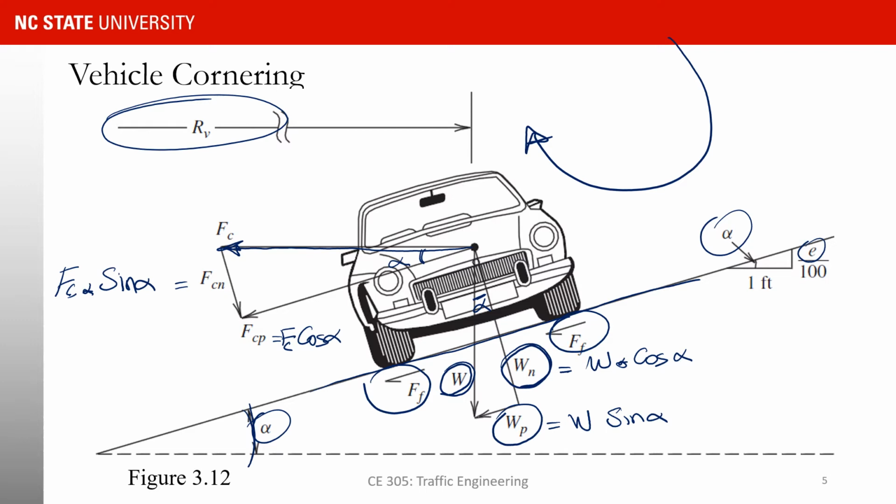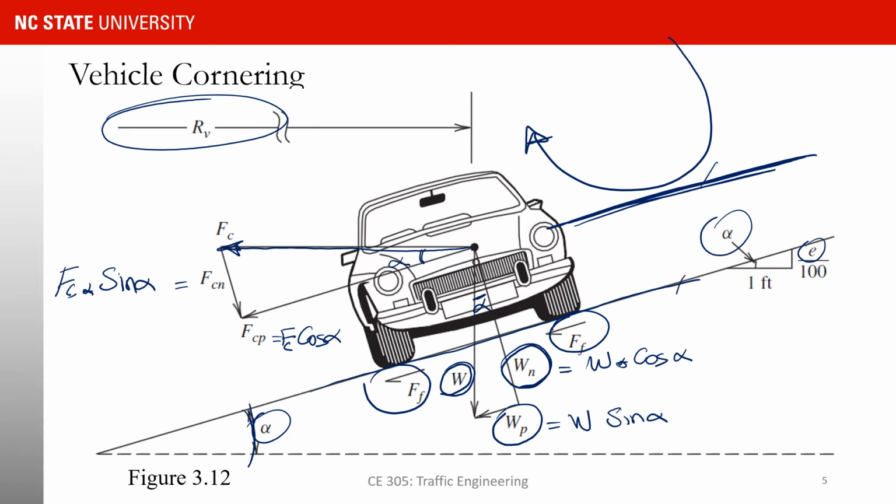So what I want to do in the next slide is work on the forces that this vehicle is experiencing along this plane that is horizontal to the super elevation, or horizontal with the road, the way that we are looking at it.